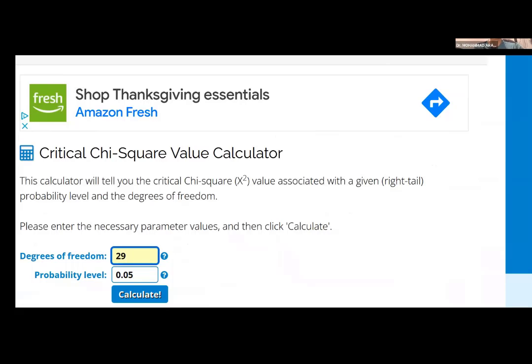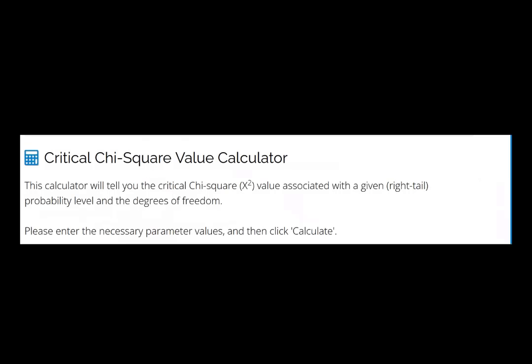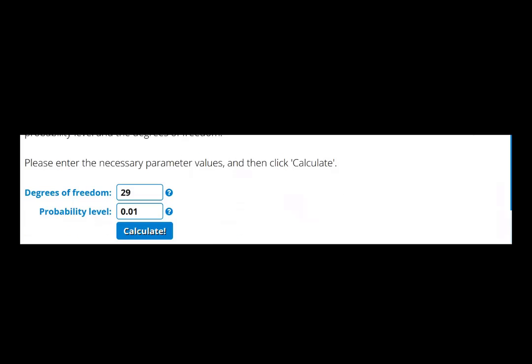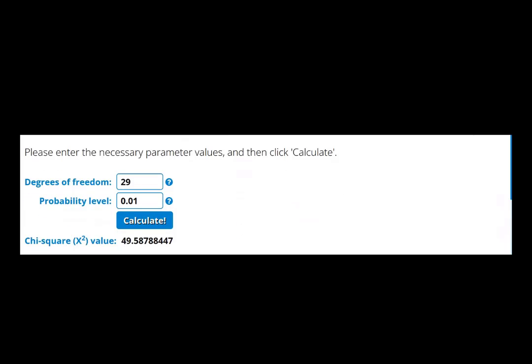If we put 0.01 and calculate, it gives us the answer with a lot more decimals. So I want you to see that it can only happen with technology in this manner.